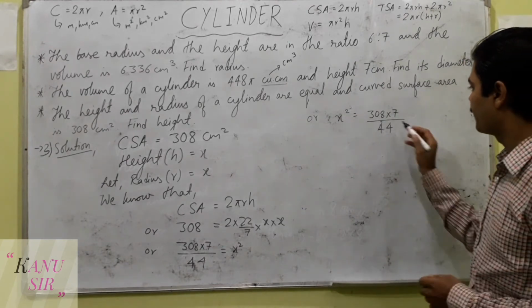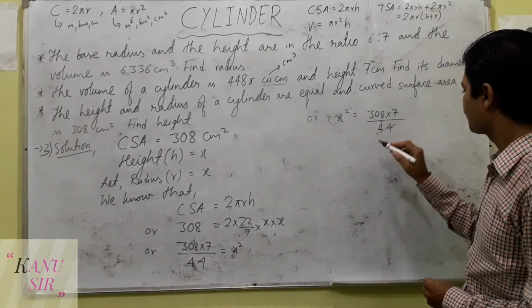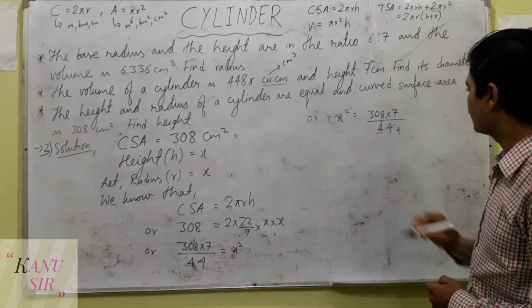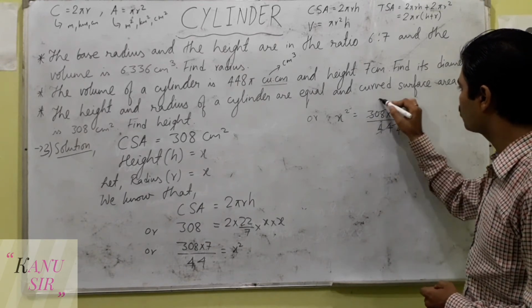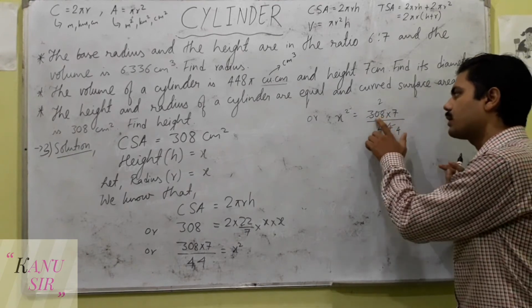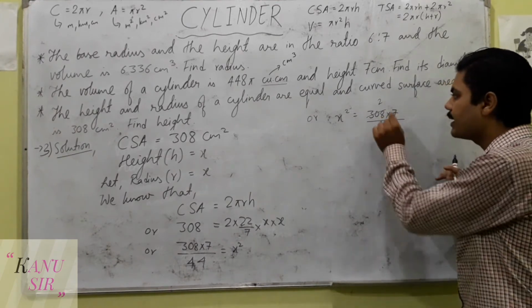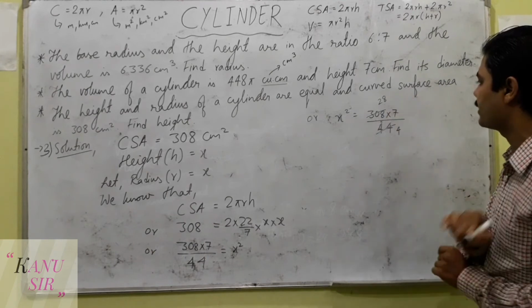Now let us divide. 11 times 4 is 44. 11 times 2 is 22. 30 minus 22 is 8. 8 and 8, 88. 11 times 8 is 88.